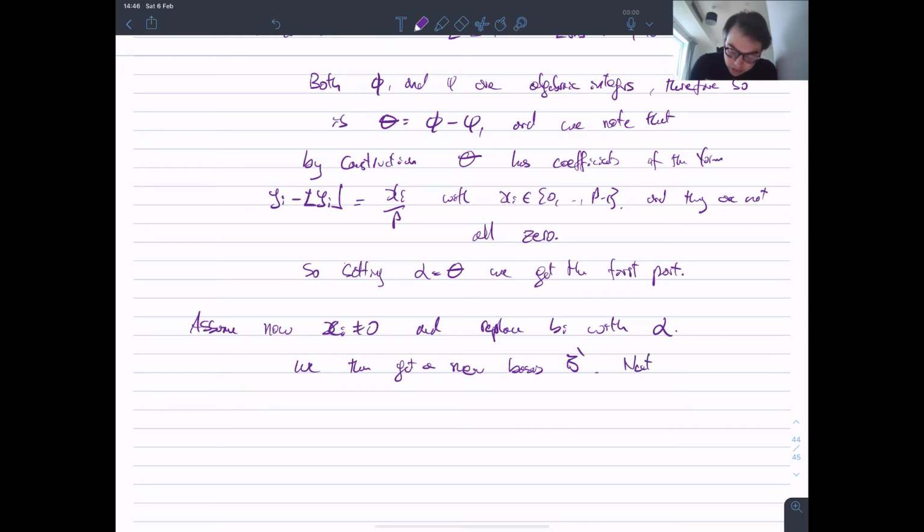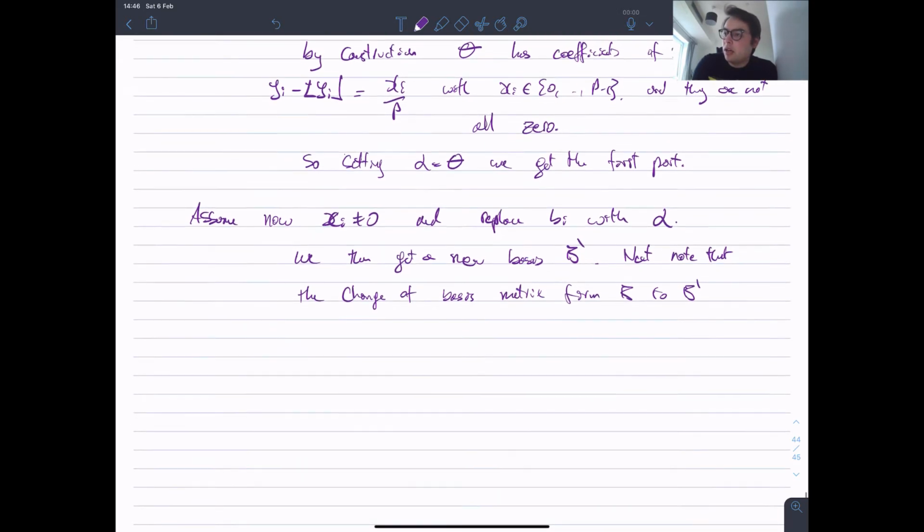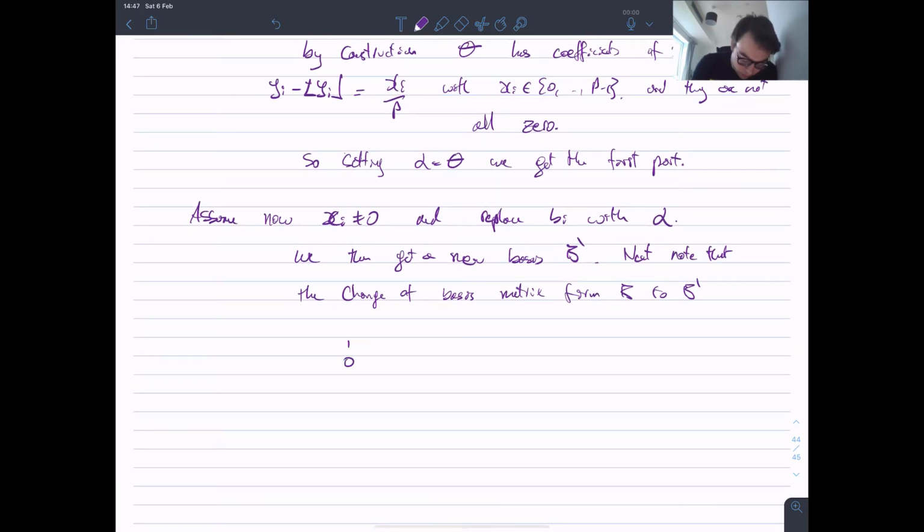Next, let's think of what the change of basis matrix is here. Note that this is just a simple computation, the change of basis matrix from B to B prime. If you work it out, most of the time we've not changed anything. You get 0, all of these are the same.